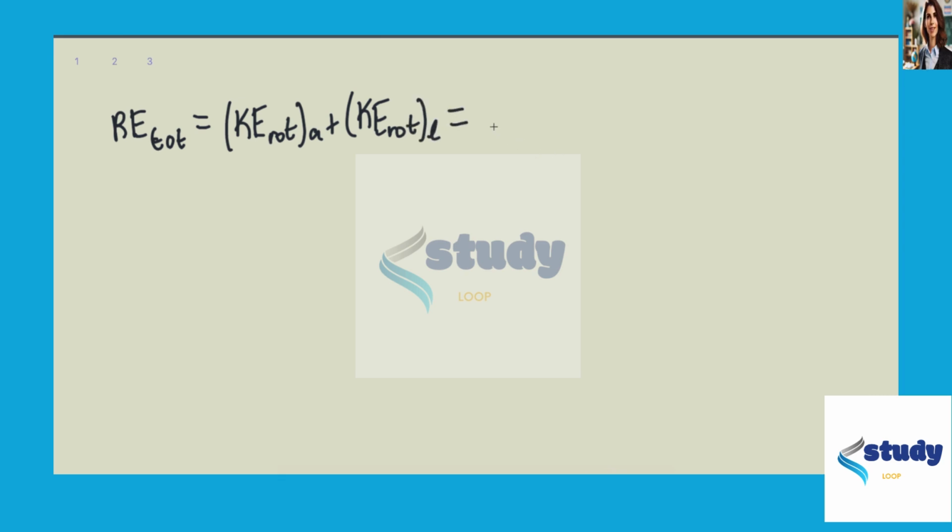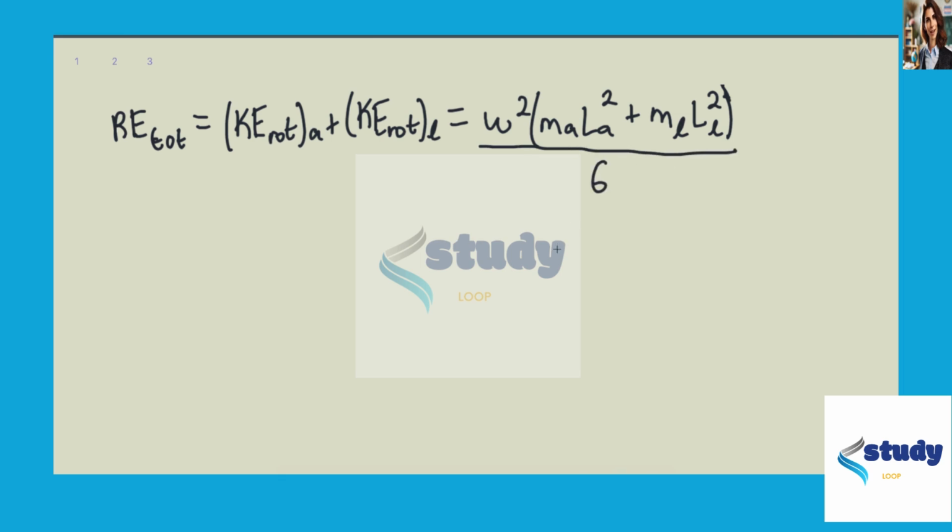This is going to be omega squared times the mass of the arms, length of the arms squared, plus the mass of the legs, length of the legs squared, all divided by 6.